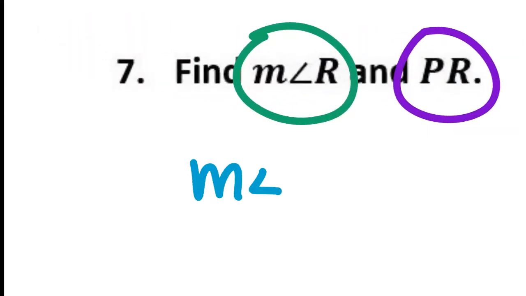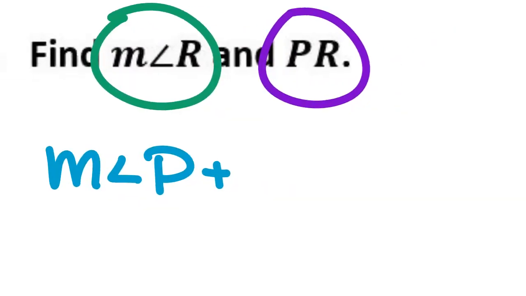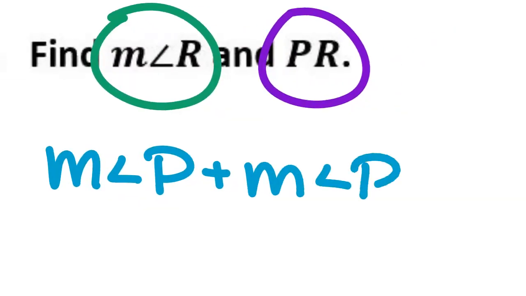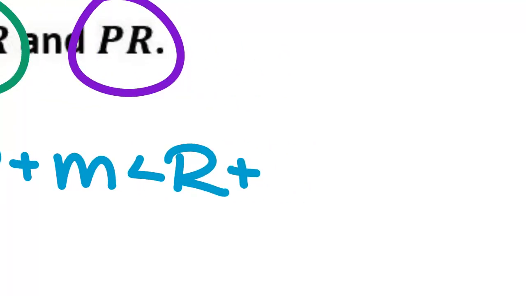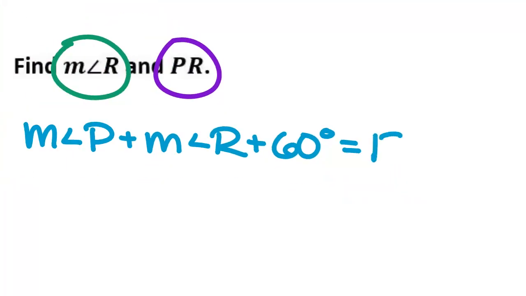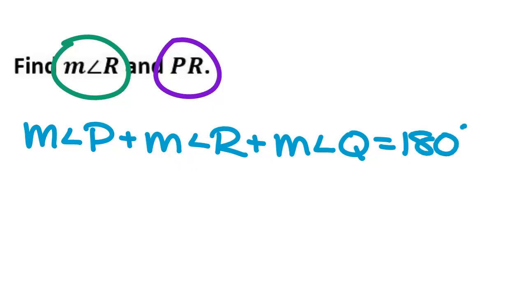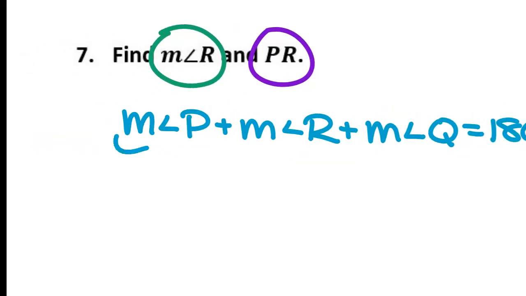The measurement of angle P plus the measurement of angle R plus the 60-degree angle there at Q has to be equal to 180. And I'm going to actually write down angle Q right here. Measurement of angle Q equals 180, and then I'm going to make my substitutions.